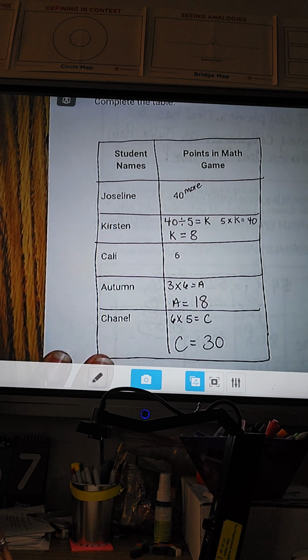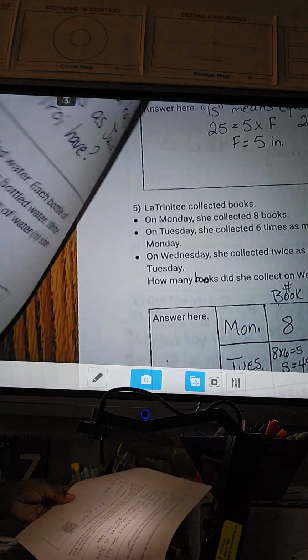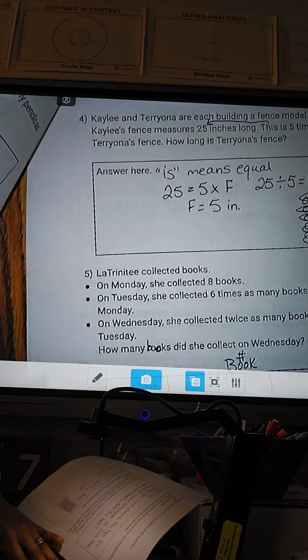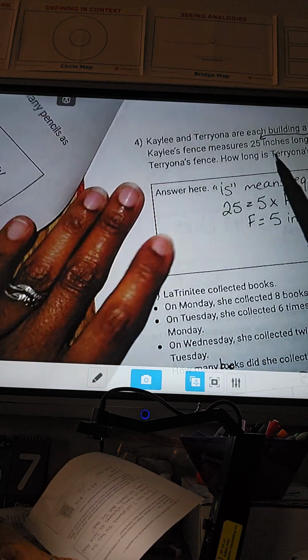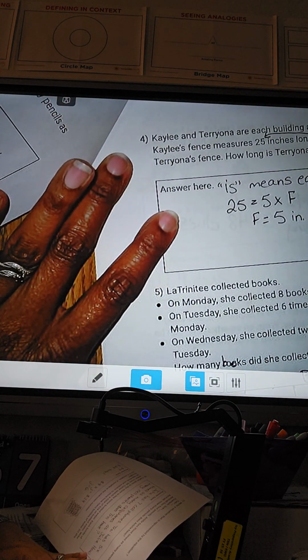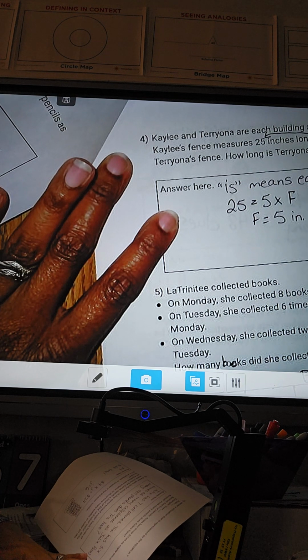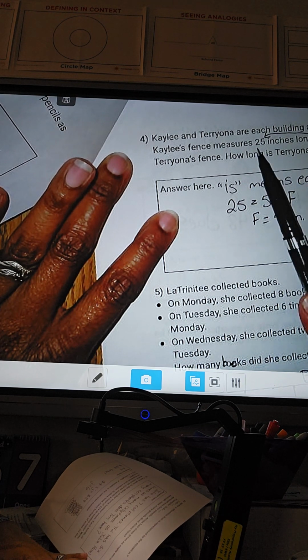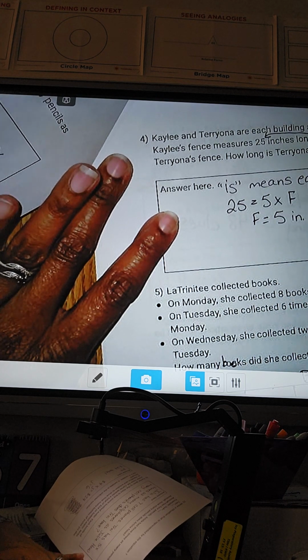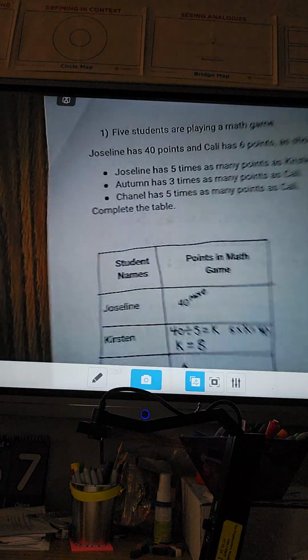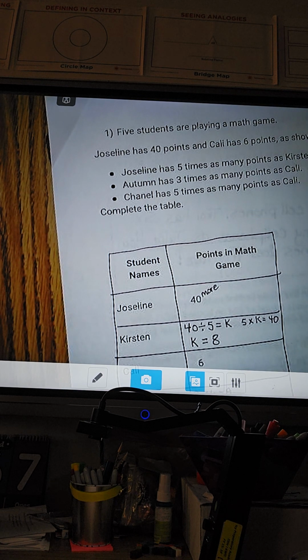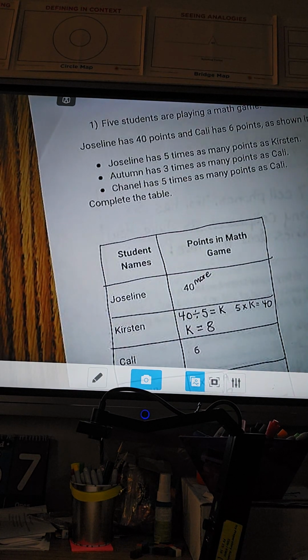Or if she has 5 times as many, rather, she has more. So make sure you are clear on that, and you are clear on number 4, where you have to understand that you do not multiply 5 times 25. When it says this, they're referring to the number that's previously mentioned. Okay? All right. Hopefully you understand and you are ready for your assessment tomorrow. Bye.